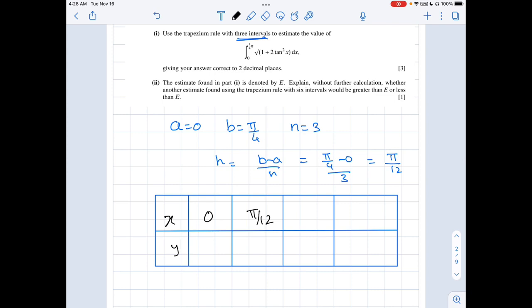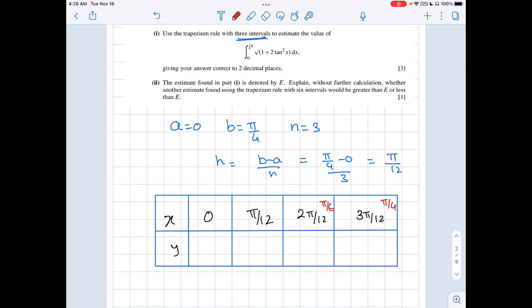Pi upon 12 plus pi upon 12 is nothing but 2 pi upon 12, which is pi upon 6. 2 pi upon 12 plus pi upon 12 is 3 pi upon 12, which is pi upon 4. Once I reach the upper limit, stop.